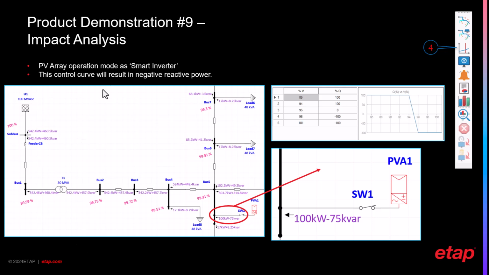So in this case, even though we have 95% and power voltage given here, that's what provides this sort of reactive power consumption.